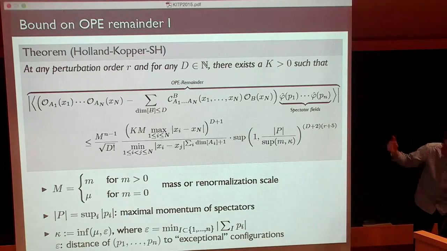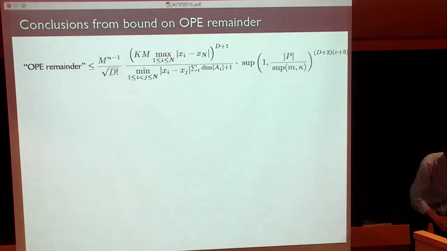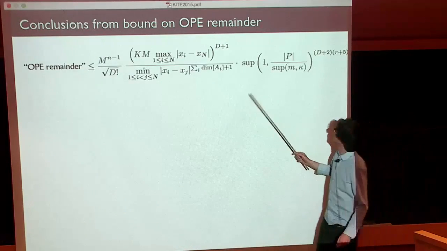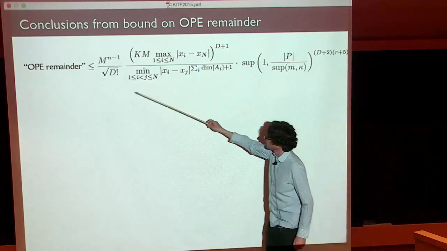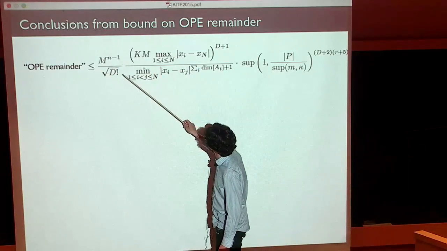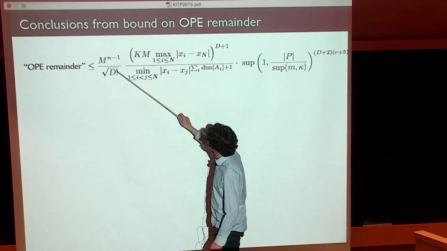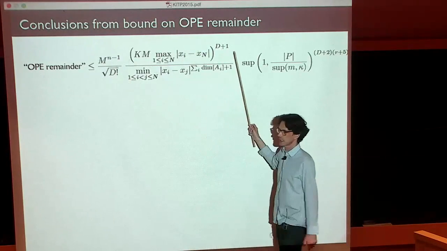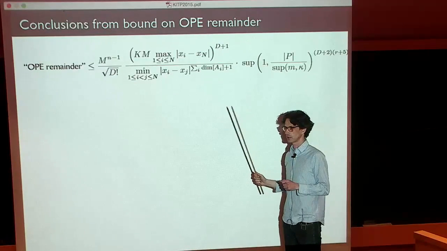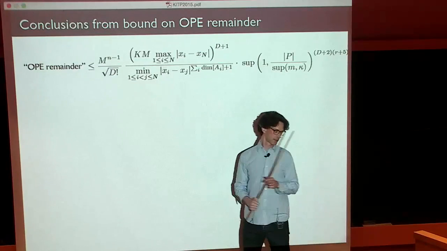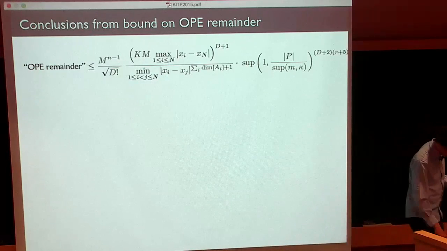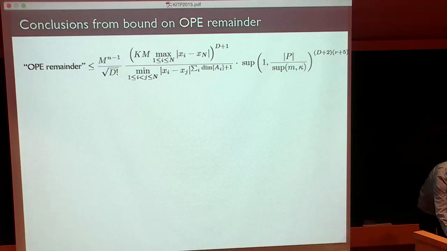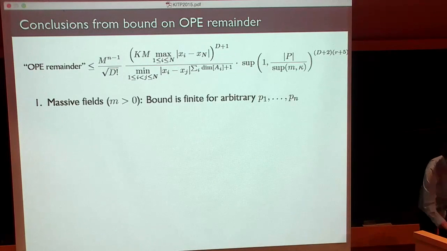The main question here that we asked, first of all, is: does the expansion converge? And again, I write that the OPE remainder is less than this, so the convergence of the expansion follows because basically the factorial beats everything else. So the square root of factorial still beats everything. The factorial beats any power. That's the convergence.